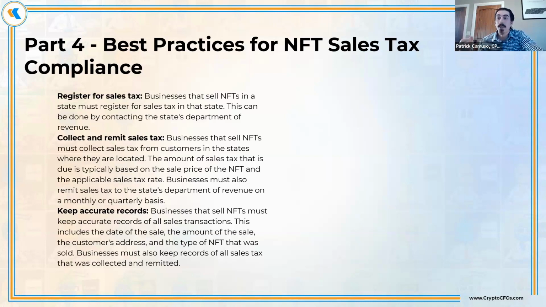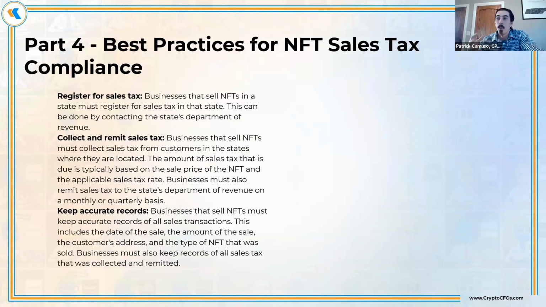Once you have a tax exposure in the state, you're going to have to register for sales taxes. And once you register, that's going to create the ability for you to actually start collecting sales taxes when it's taxable from your customers and remitting them as appropriate to the state sales tax agencies. So those are really your first steps.